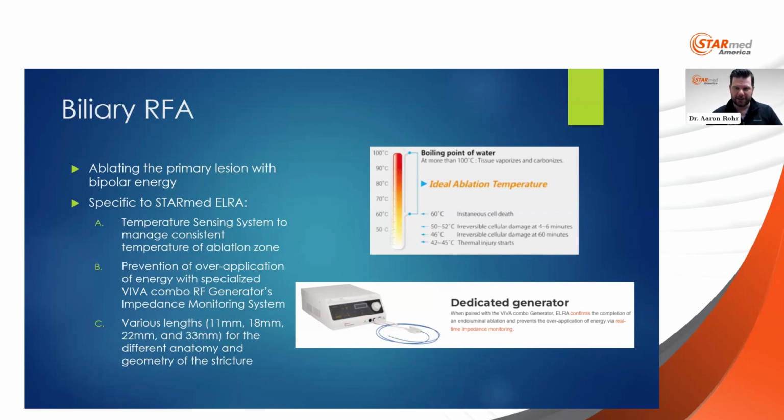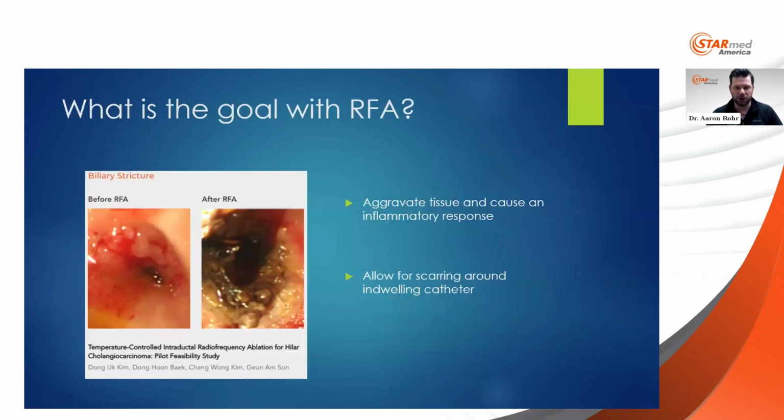This is again the dedicated generator, which was pictured earlier, and we're going to have another representation of that momentarily. But this is just a very high level bird's eye view of the ELRA device and its approach to using it in the biliary world.